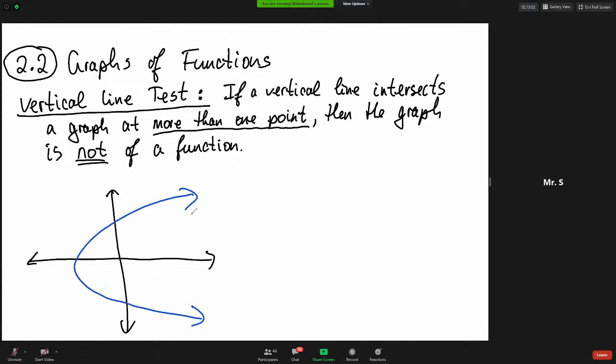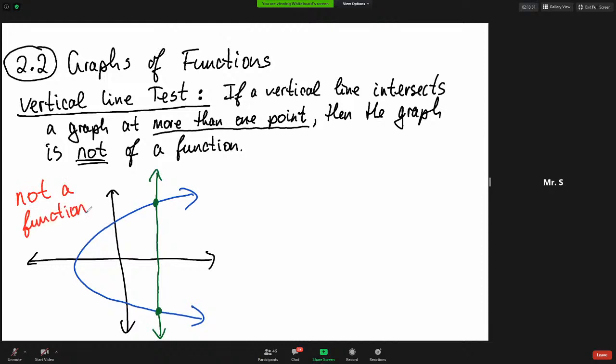We can use the vertical line test to show that it is not a function, because we can place multiple vertical lines, but it's enough to just show it with one. We can place a vertical line that contains more than one point. So if that is the case, it means we do not have a function, not a function.